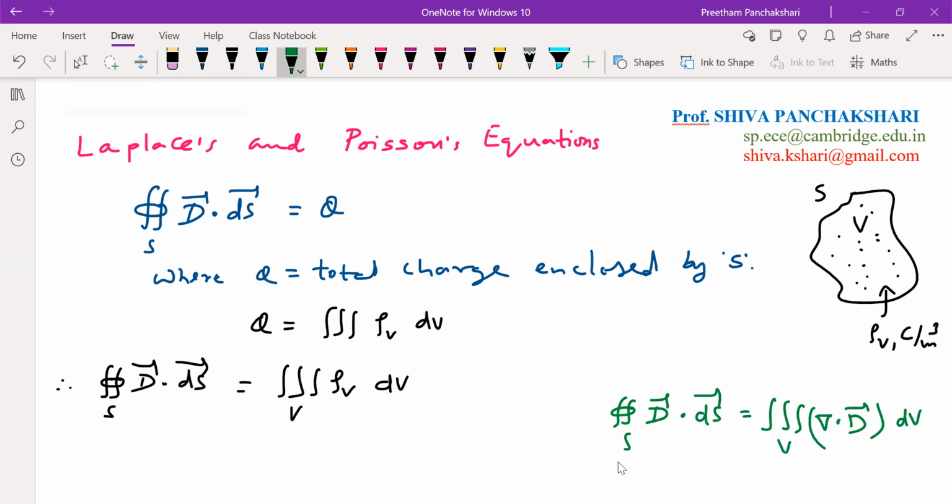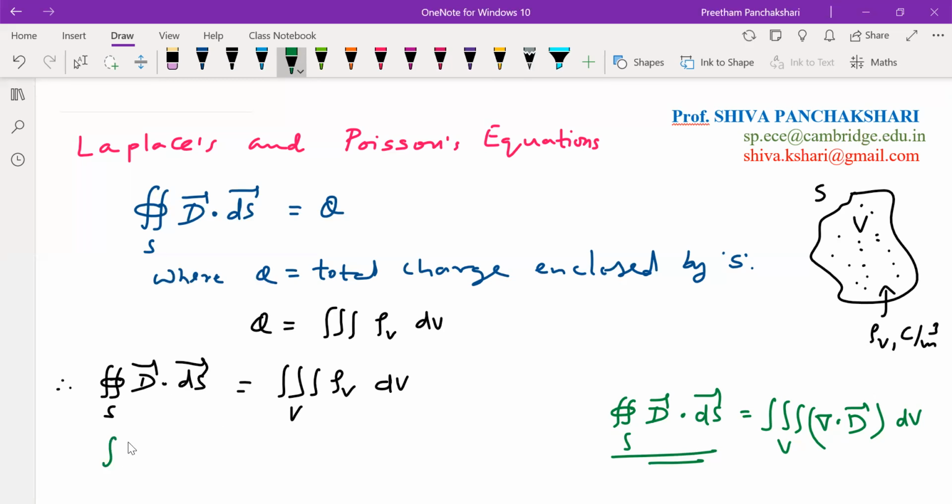If you carefully observe, the LHS of the divergence theorem is same as LHS of the Gauss law. So that's why the LHS of the Gauss law can be equated to the right hand side of the divergence theorem, so that both the sides of the Gauss law will have similar integrals.